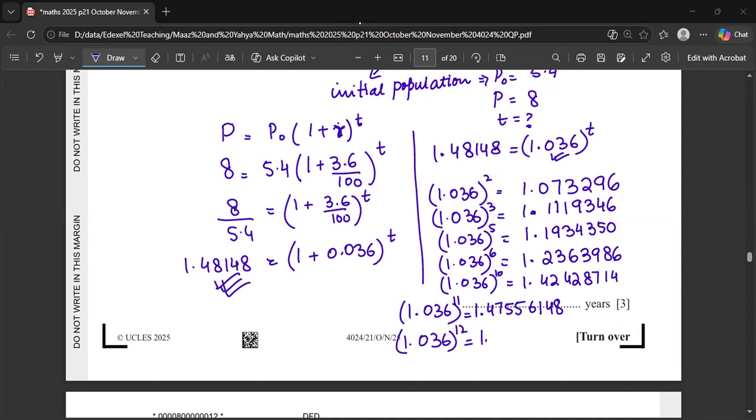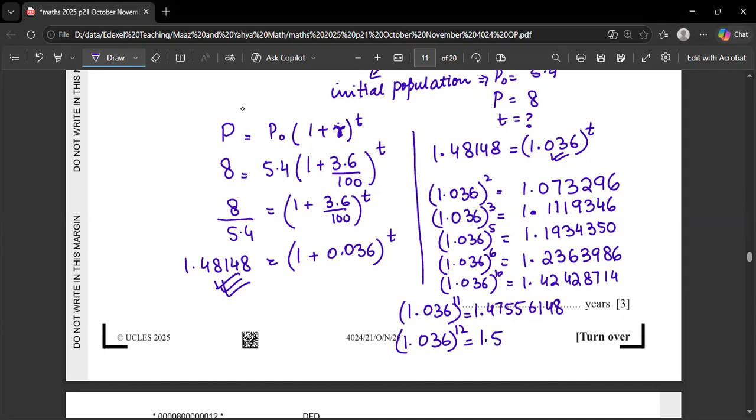Yes, it is exceeding 1.48148, right? So we are getting 1.52868169, right? So we are exceeding when we have put 12?